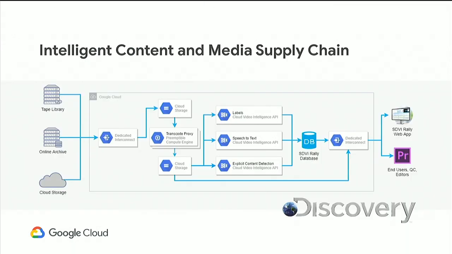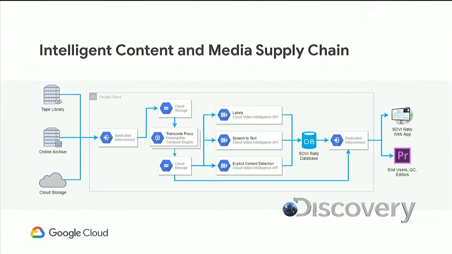So at a high level, this is what we've helped Discovery build through the help of SDVI. You can see on the left, they are ingesting content from multiple data sources. It gets ingested into Google Cloud and stored on our object storage. Then they can run a transcode on that to create the proxy file, which is what's going to be used to run the ML APIs against. So you take that proxy file, run it against each of the APIs, and get all that JSON data back.